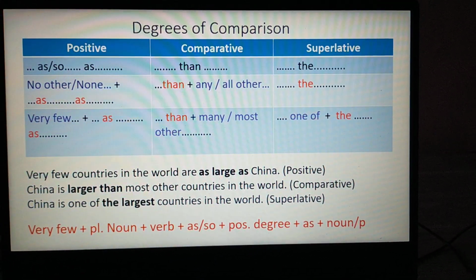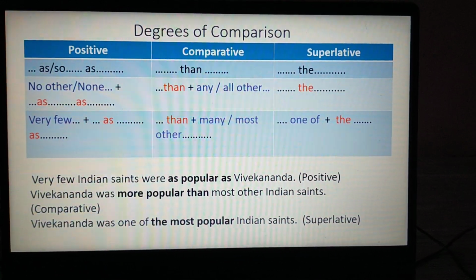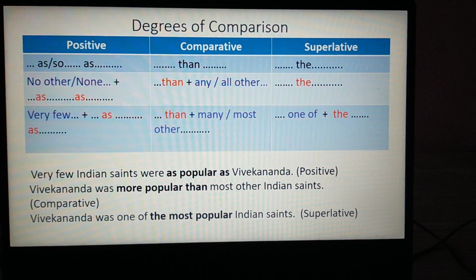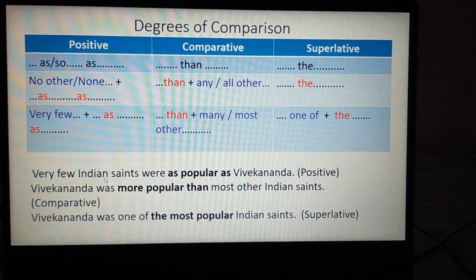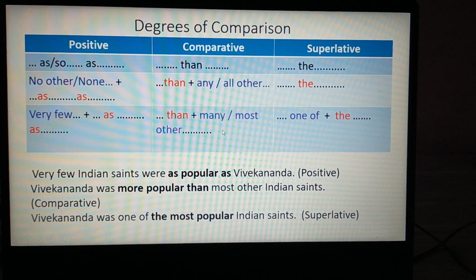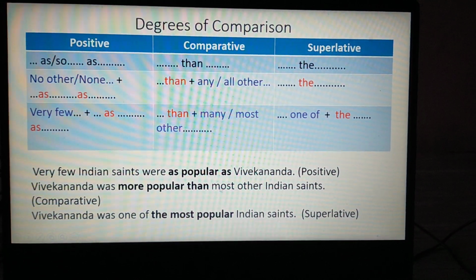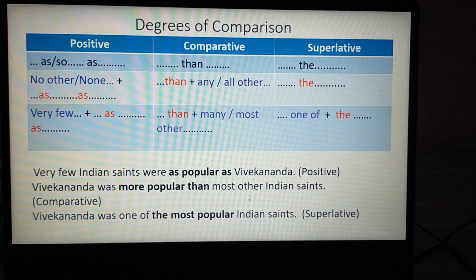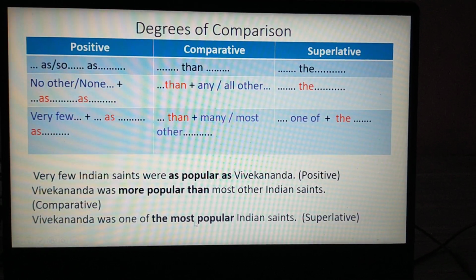Now let's see a few more things. Okay, a few more examples. Now we can see, like, very few Indian saints. Now the sentence is beginning with very few. Of course, in the comparative we have to use many or most. We have used most other Indian saints, and of course in the superlative we have to use one of the.